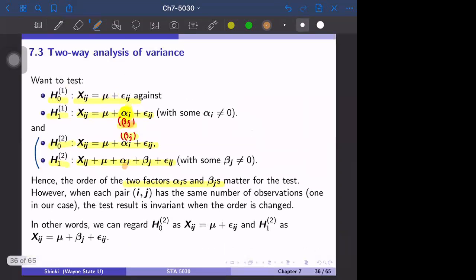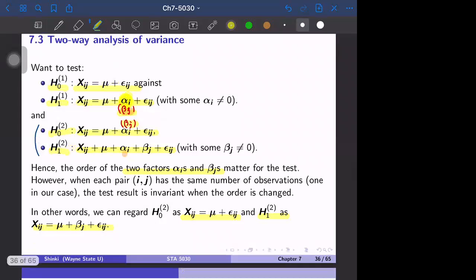So that means the second test can be interpreted as this null hypothesis against this alternative hypothesis. So entirely the effects of alpha i and the effects of beta j are separated.